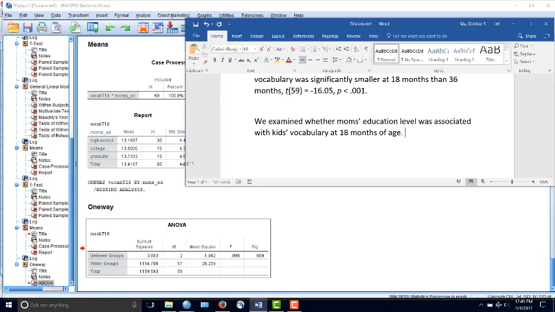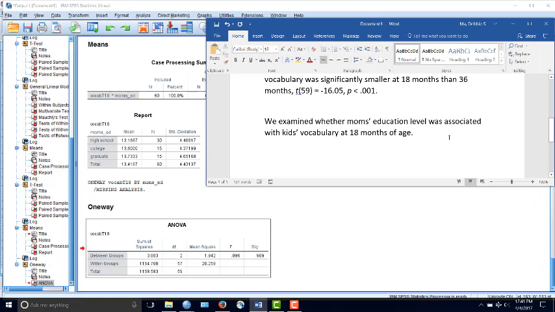And we're going to say that there was no evidence for a difference in kids' vocabulary depending on mom's education.